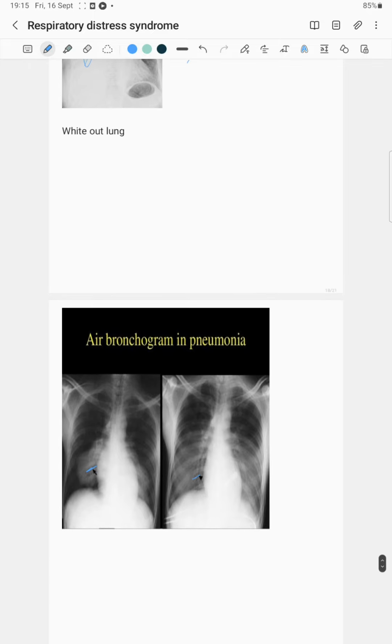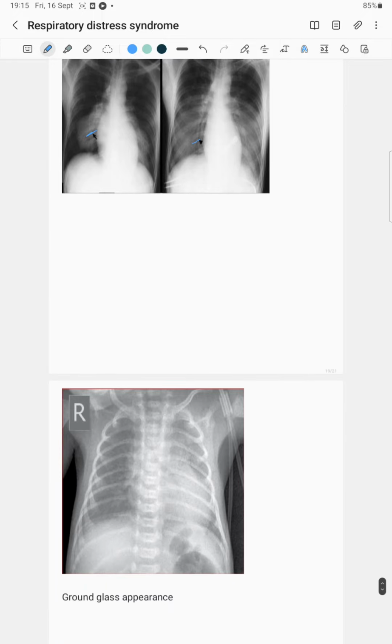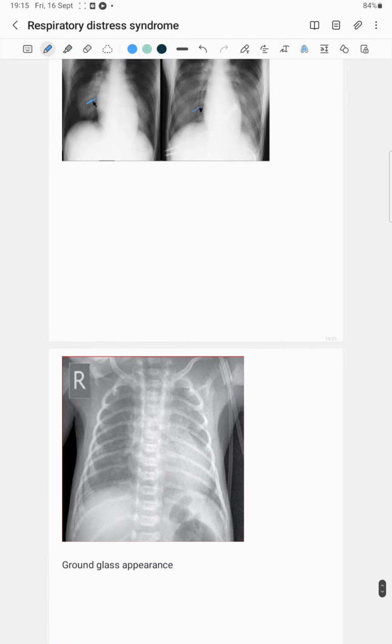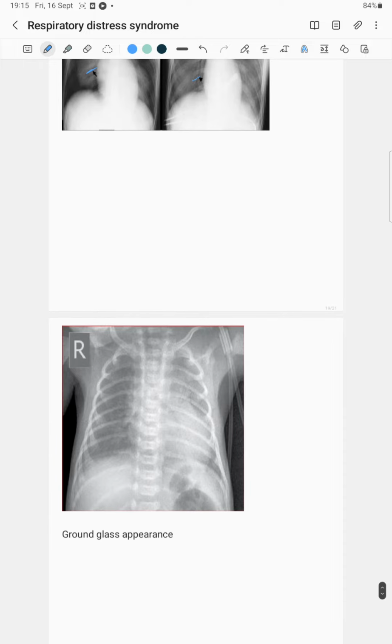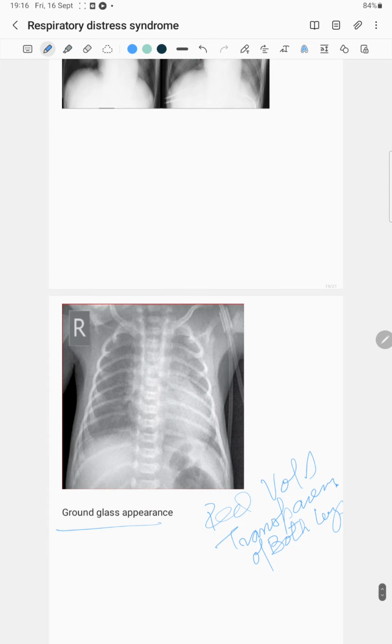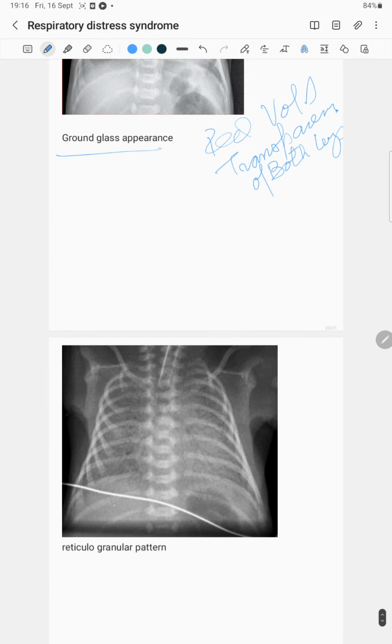Okay, now what are ground glass opacities? There is reduced volume and transparency of both lungs, so we call it ground glass opacity. Okay, now what is the reticulogranular pattern?